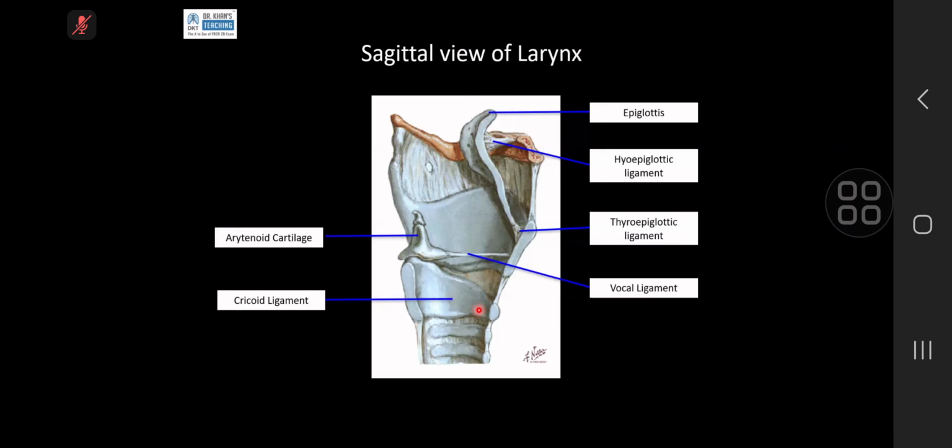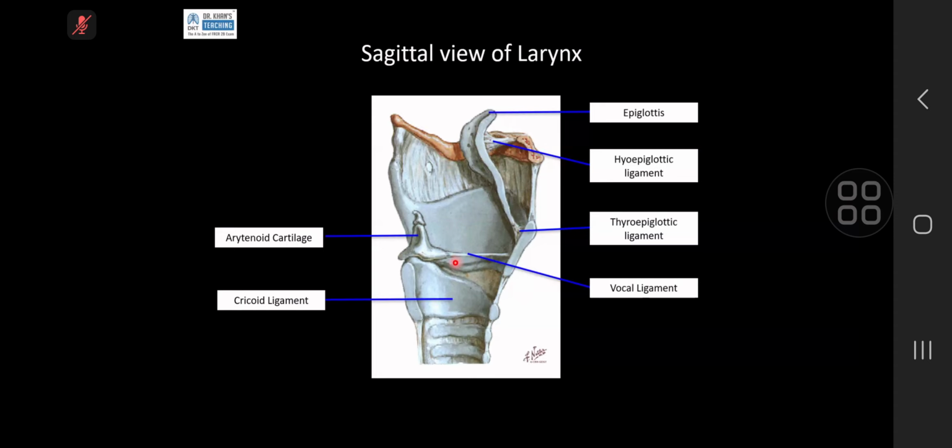On top of it is the arytenoid cartilage. This is the vocal process of the arytenoid cartilage, where the vocal ligament is and the muscles will be. So this is the level of the vocal cord, the true cord. And then the thyroid, and then the epiglottis and the hyoid bone.